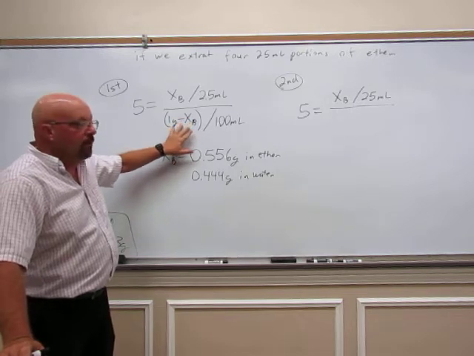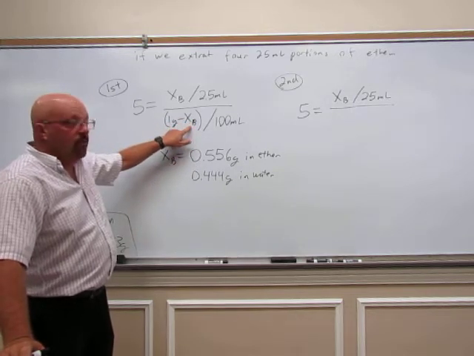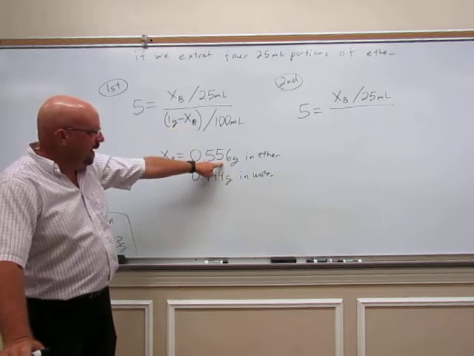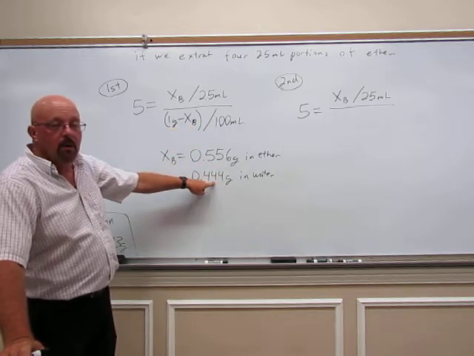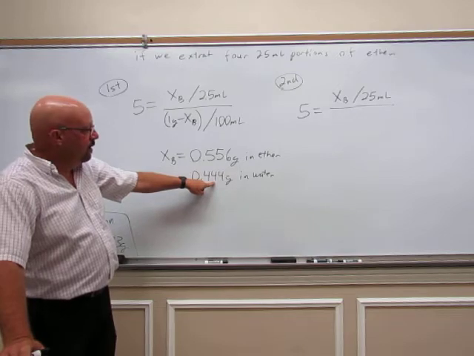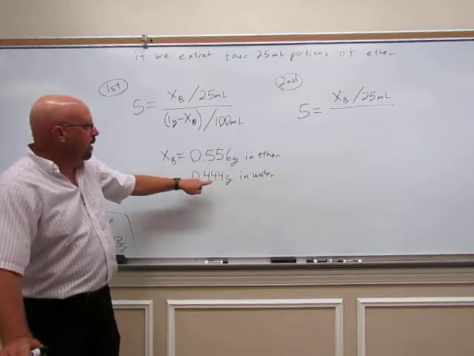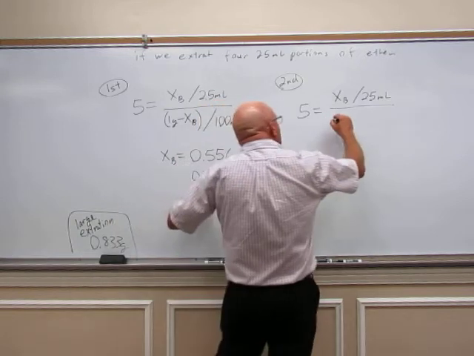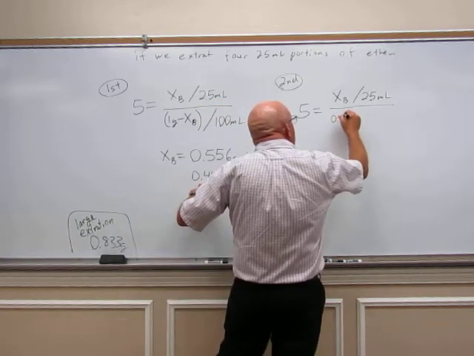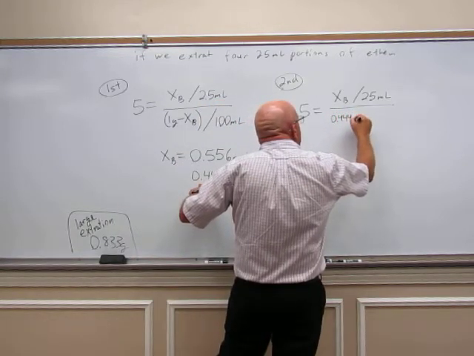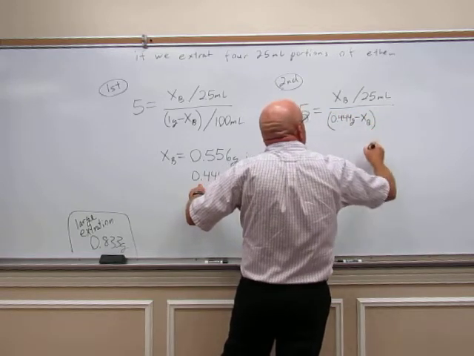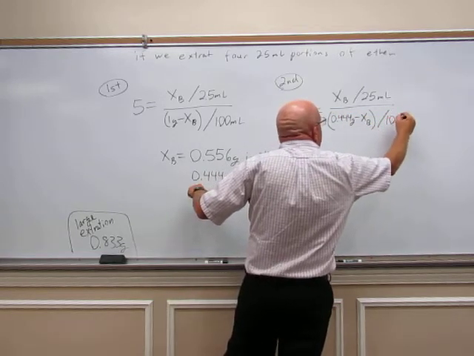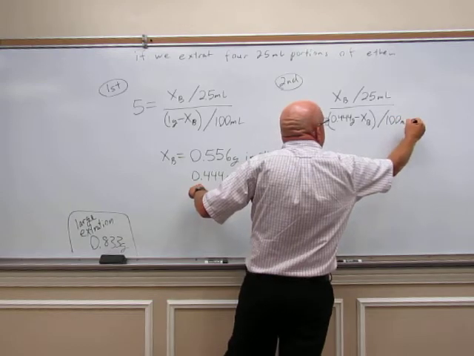This was in the water. There was 1 gram in the water layer. There's no longer 1 gram. We've already taken out 0.556. There's only 0.444 grams of compound B in the water layer. So that's what we're using here. 0.444 grams minus X. And this is still in 100 milliliters of water.